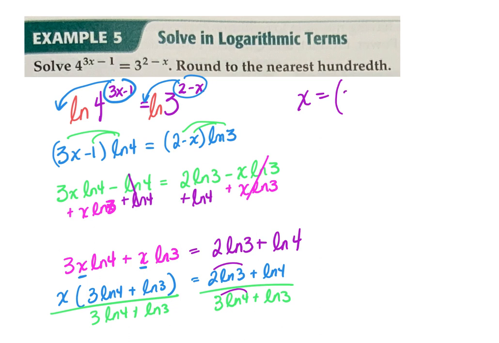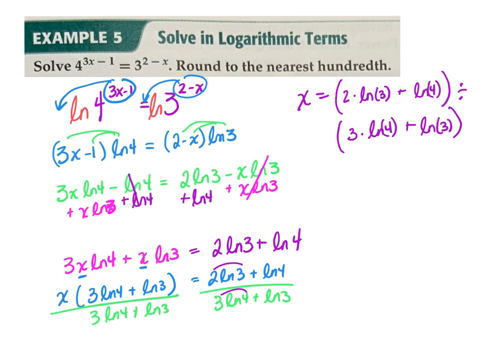You're going to say 2 times ln of 3, close those parentheses, plus ln of 4, and it's going to open, so close those, and close that guy. Divided by, and you want open parentheses, 3 times ln of 4, it's going to open after the ln, plus ln of 3, it's going to open there, close, close. And you should get, what, 0.68?